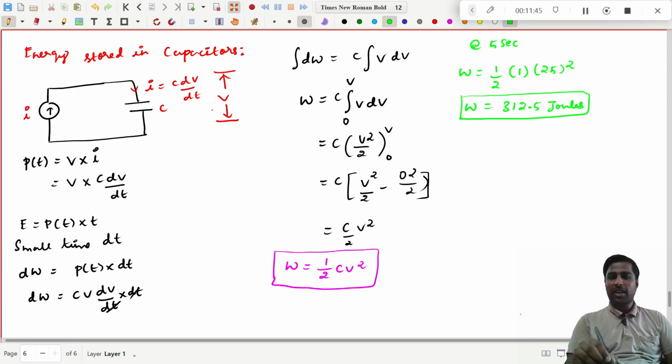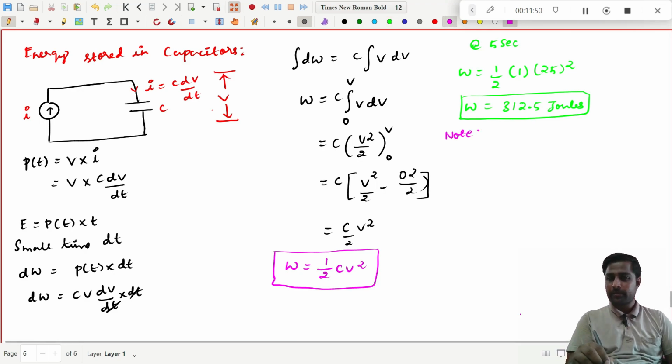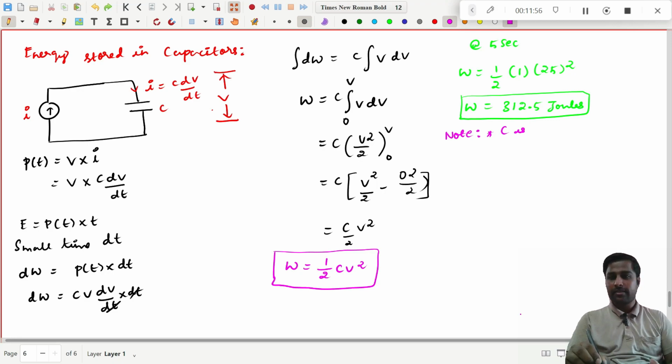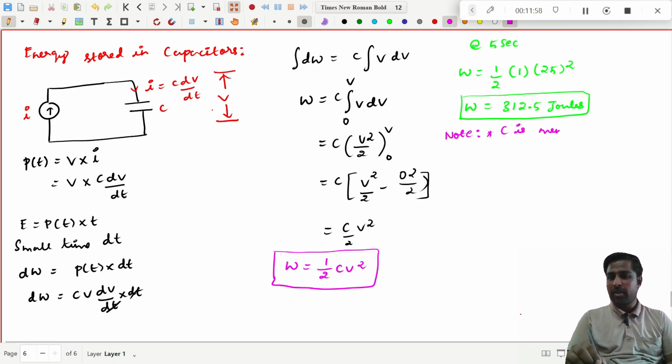We need to consolidate this, and we can now write a note: capacitor C is a memory element, since it is storing energy.